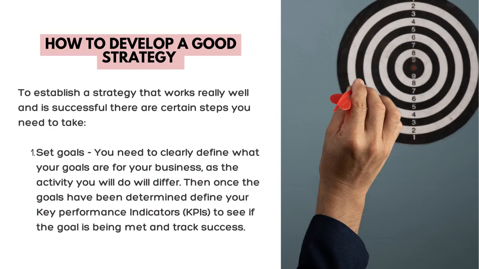So, how to develop a good strategy? To be successful in this aspect, there are certain steps that you need to take. So, number one, you need to set goals. You need to clearly define what your goals are for your business, as the activity for each platform will differ.